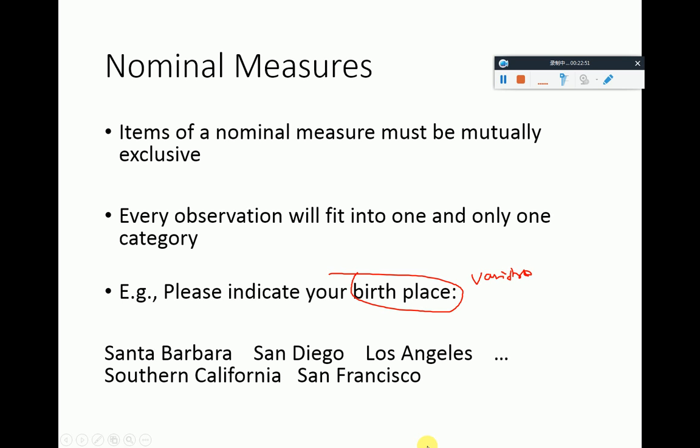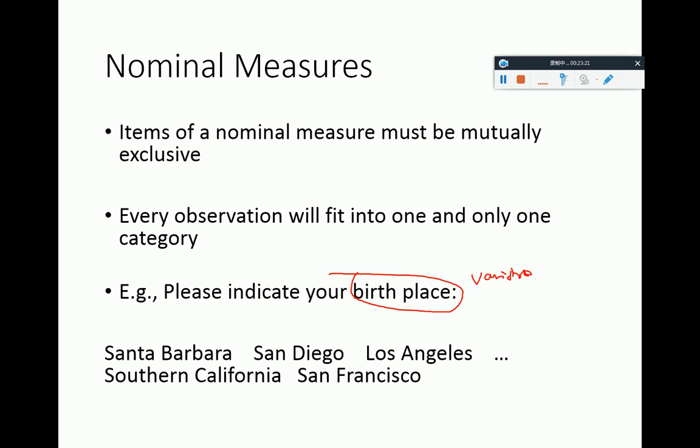So my question for you is, is this a good nominal scale? If yes, why is it good? If not, why is it not a good nominal scale? Okay, I'll give you 2 seconds to think about it. If it's not a good nominal scale, what principle does it violate?